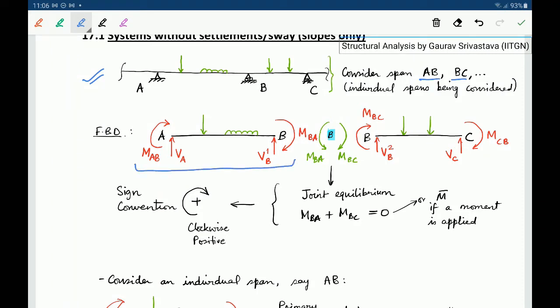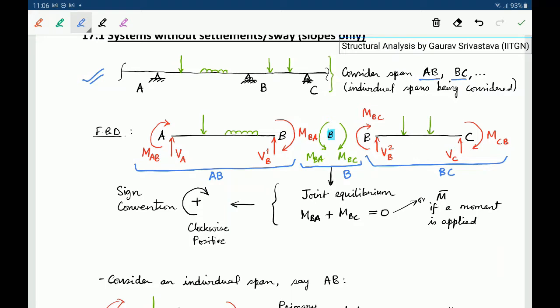This one is the free body diagram for the member AB, this one is for the member BC, and in the middle here is the free body diagram of the joint B. We will see that in the slope deflection method, the joint also comes into the picture.